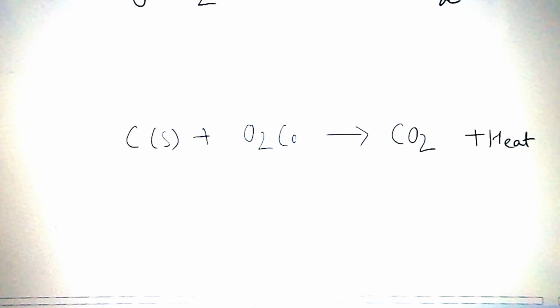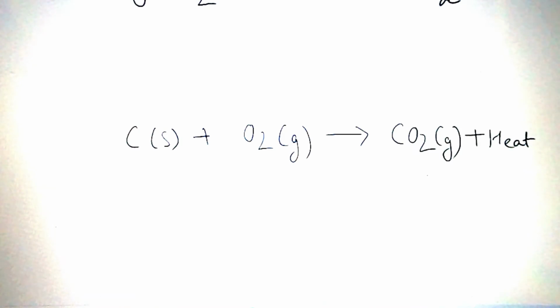For example, carbon plus oxygen gives CO2 plus heat. When carbon reacts with oxygen, then it gives carbon dioxide and heat is evolved. Heat is written in the product side.